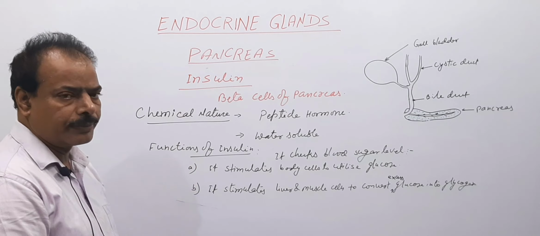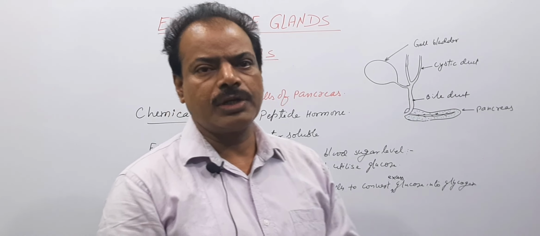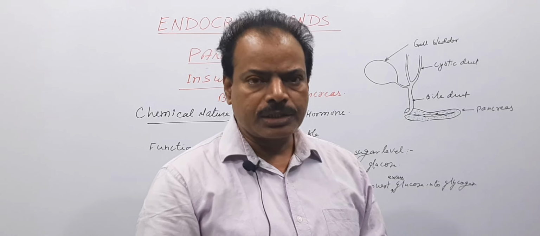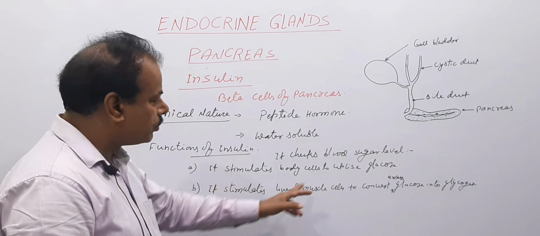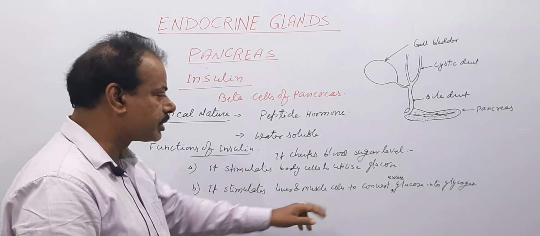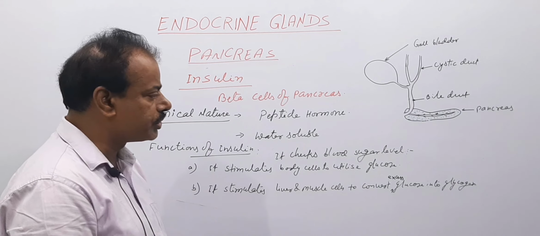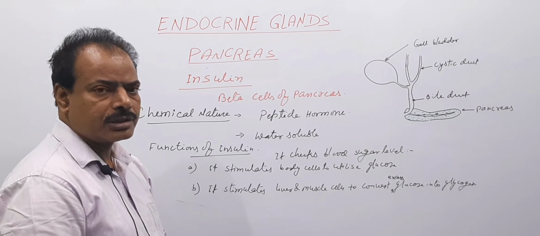We cannot say insulin converts glucose into glycogen, but we can say insulin stimulates body cells to utilize glucose, as well as it stimulates liver and muscle cells to convert excess glucose into glycogen, which is stored in the liver and muscle cells.